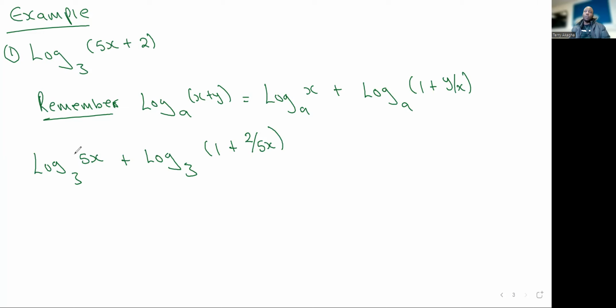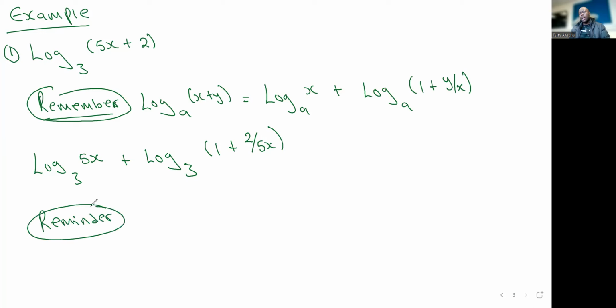And also, remember the product law, I told you that log a of xy is equal to log a of x plus log a of y. So I can break this down because this is 5 times x.